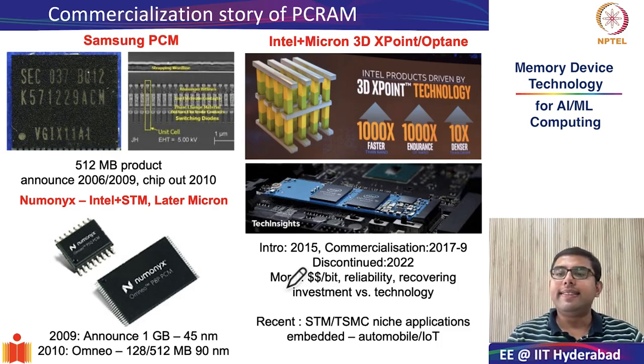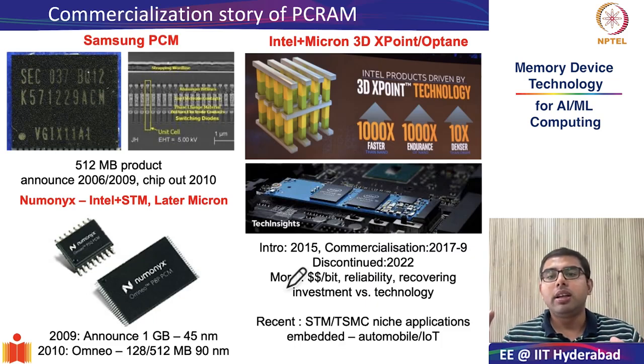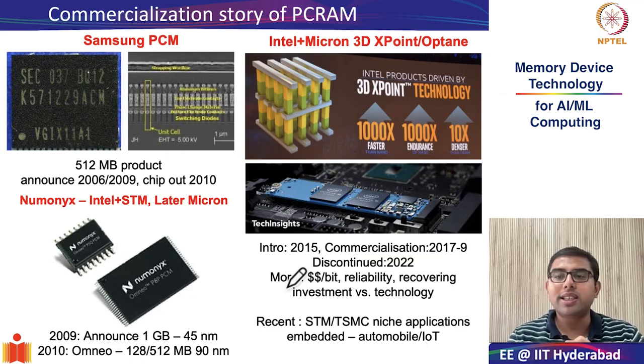We saw the different technological and commercial aspects of PC RAM technology. We saw first that the PC RAMs can be tuned across two different verticals. First, we can play with the materials composition that helps us tune the crystallization temperature of the phase change material, thereby influencing the set latency and reset current.